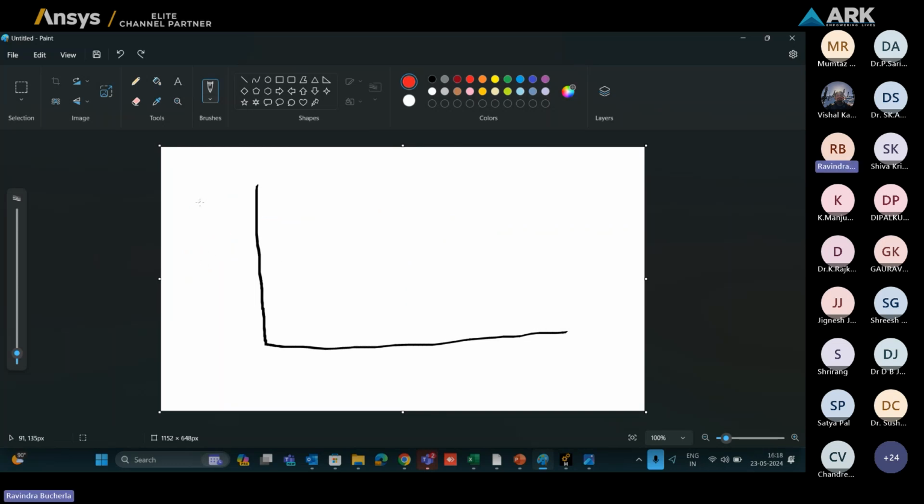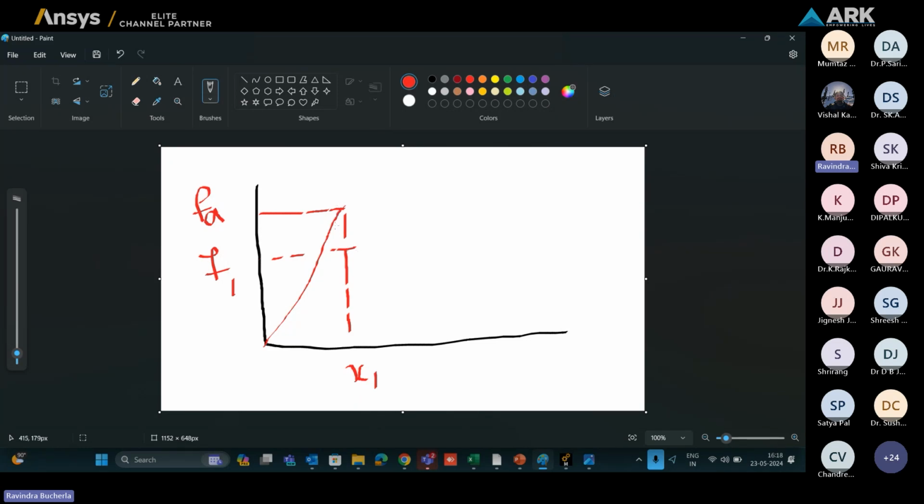Initial is nothing but, suppose a force is applied, you will get x1, and this slope is k, and you will get the force reaction F1. Now for the force reaction F1, it will not change the slope.